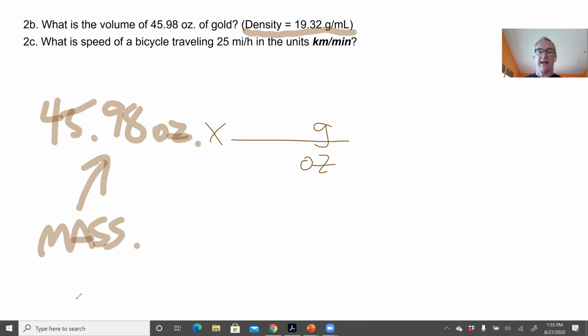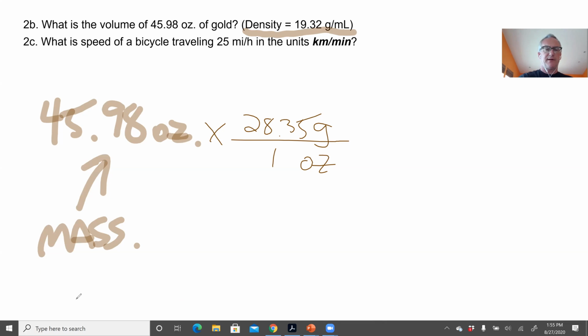So our ounces will cancel and we'll be left with grams. So what was the relationship again? 1 ounce is 28.35 grams. 28.85? 35. 35, that's what I thought. Yeah, 85 sounded wrong.